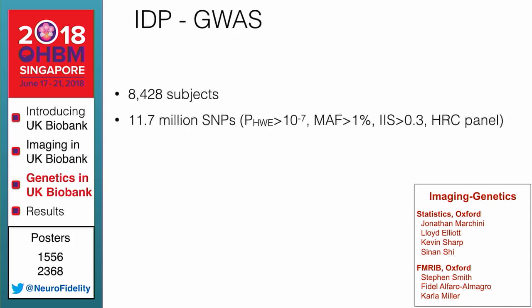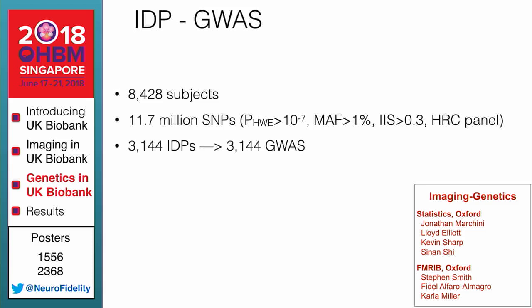From the initial 96 million genetic variants, we have reduced it to 11.7 million SNPs by applying different filters, like only taking the variants that had a p-value for Hardy-Weinberg equilibrium higher than 10 to the minus 7, a minor allele frequency higher than 1%, or an imputation information score higher than 0.3. And we are just keeping the SNPs that were included in the list by the Haplotype Reference Consortium panel, which is like the authority in this kind of studies.